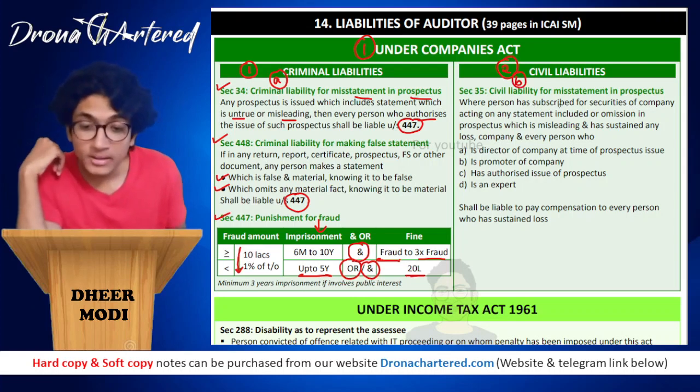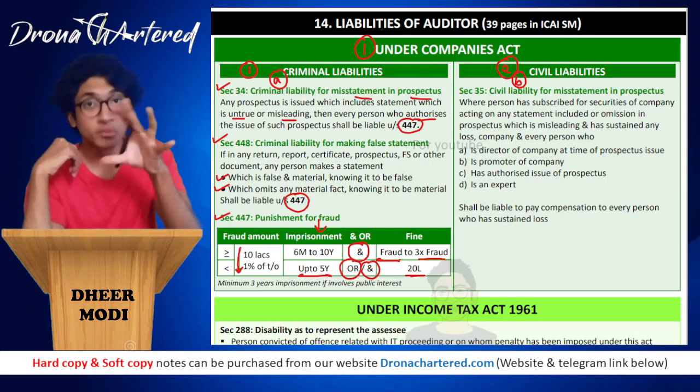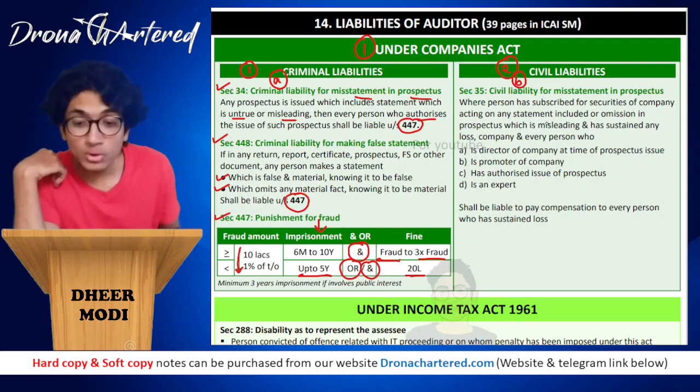So where a person has subscribed for securities of a company, where any person has subscribed, they have given the money for securities of the company, acting on a statement included or omission in the prospectus.